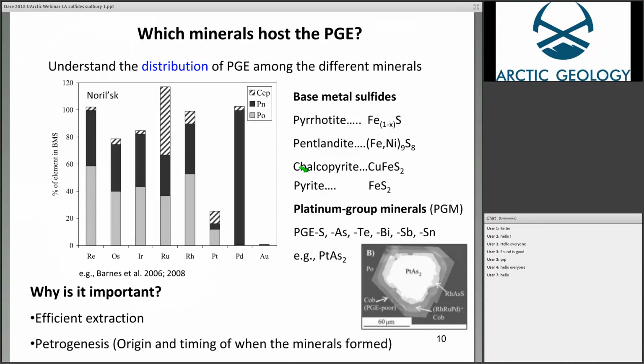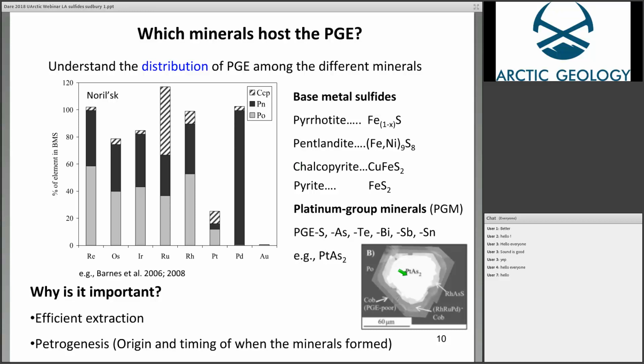So now I get to why do we care where the PGE are? We know from the whole rock that if you want platinum, palladium, you go look at the copper-rich ores. However, when you come to trying to extract the PGE, you want to know which mineral it is in. Do you target the little discrete platinum group minerals, such as this picture here? It's only 60 microns across.